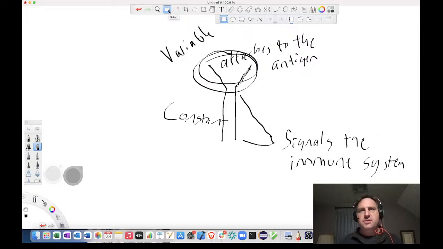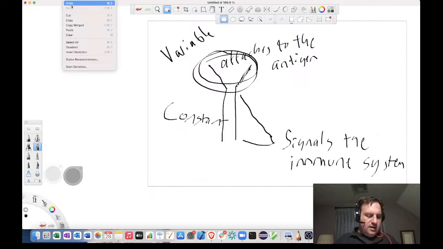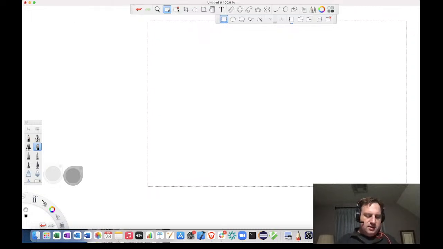Now your body has millions of different antibodies, but it only has a couple hundred genes for them. So how does it produce so many antibodies from just a couple hundred genes? Well, the answer is that it basically does.